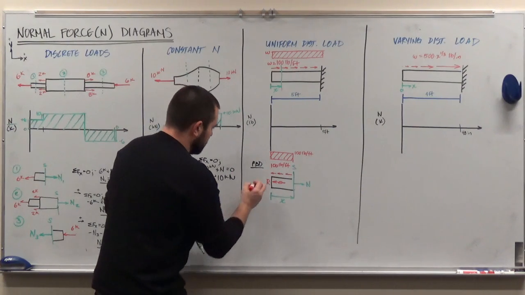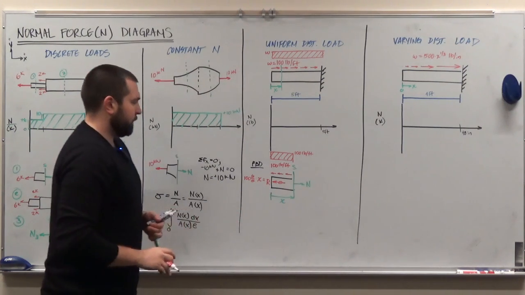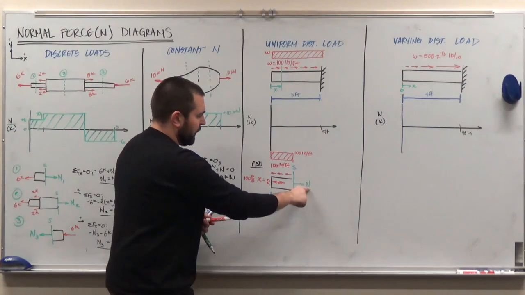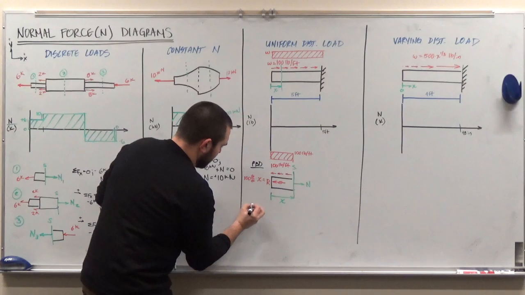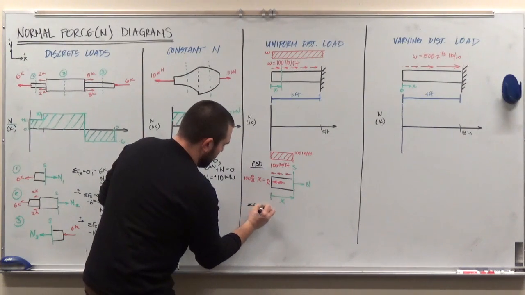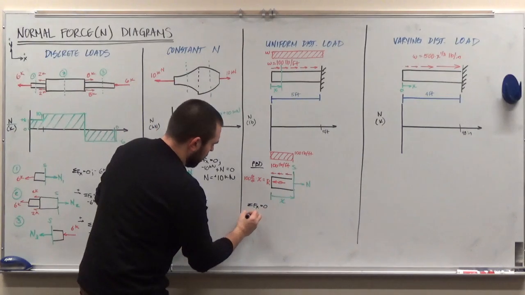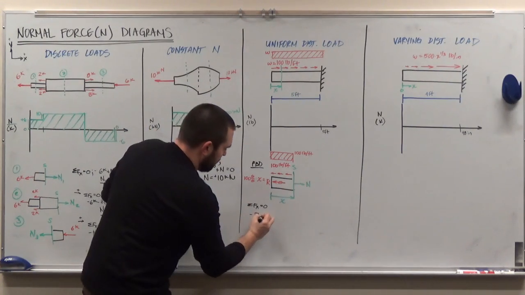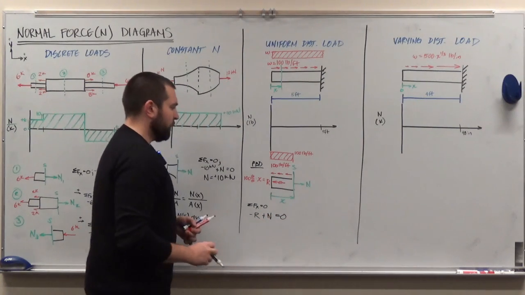So my resultant force here is simply equal to 100 pounds per foot times x. And so if I wanted to figure out the relationship between the internal normal force and the resultant, I'm just going to sum the forces in the x direction equal to 0, and I get minus R, the resultant, because the resultant is pointed to the left, plus the internal normal force N is equal to 0.